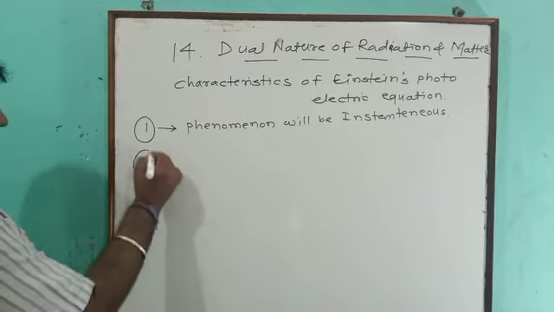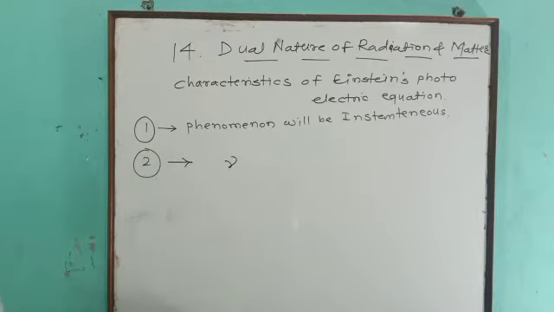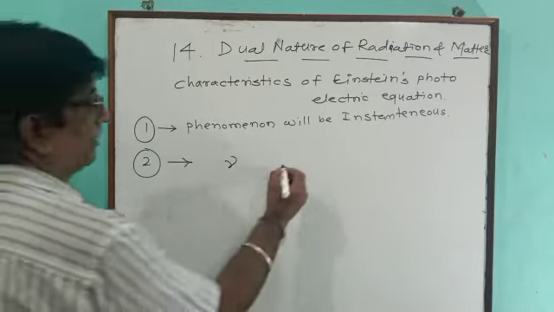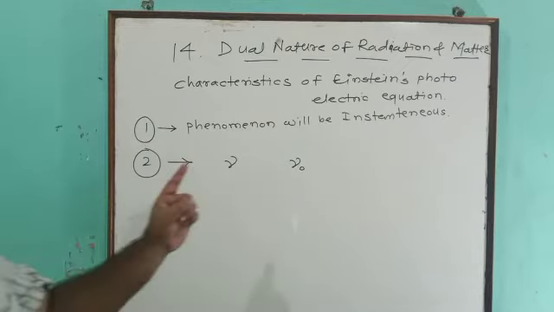Second, there is a relation between the incident frequency of radiation of light, that is nu, and the threshold frequency, that is nu 0.